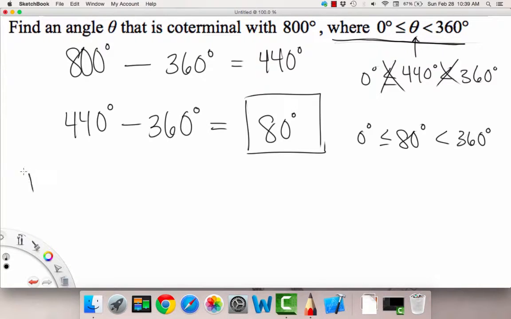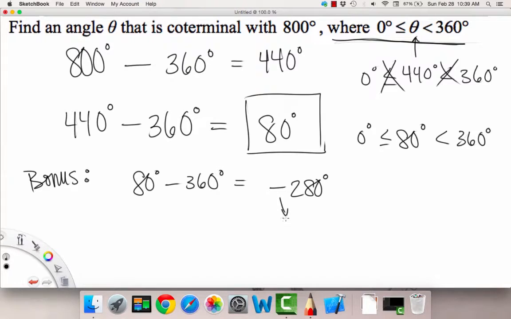And here's a bonus idea. Let's say we were to take this 80 and subtract 360 again. It's like, wait, what? Aren't we going to get a negative number? And the answer is yes. We are going to get negative 280 degrees, and that is allowed. This is legal.